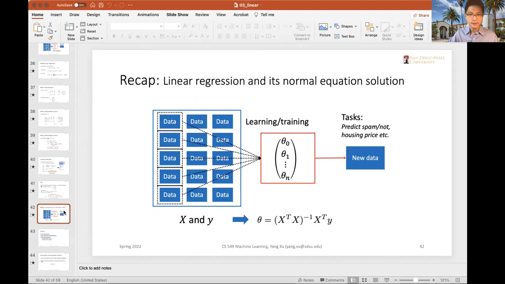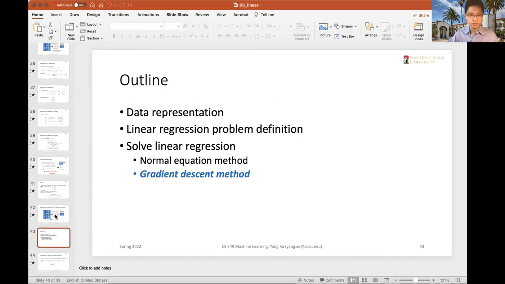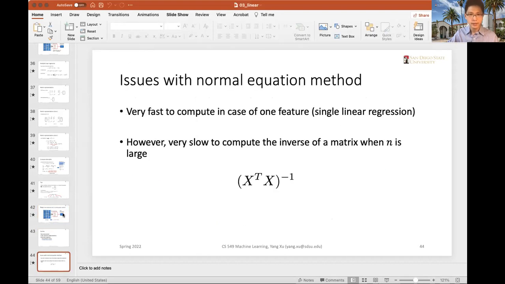All right, so we actually already got started in our last lecture by looking at the limits of the normal equation method, right? So it looks simple, but the underlying computation is actually a lot, especially when you have a very large matrix.